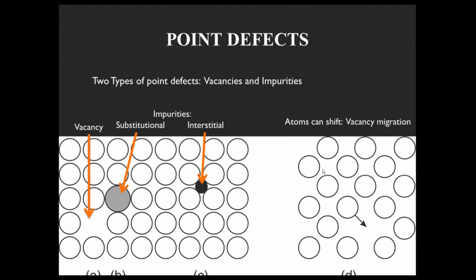So if this white circle that has an arrow on it moves down to the right and fills that vacancy, there will now be a vacancy right where that atom came from. So the vacancy isn't going away. The vacancy is moving when the atoms move. The vacancy is moving in the opposite direction of the atom. That's important. You'll see why on the next slide here.